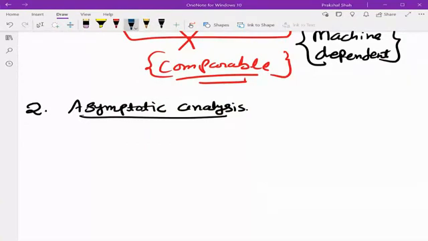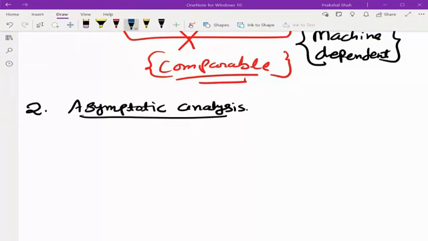Now in asymptotic analysis, as per how this arose, we have to get rid of the disadvantages of the first system. So we don't want to rely on the machine. It makes the situation very bad, so we don't want that. So for that we have introduced asymptotic analysis. Now what does this say?